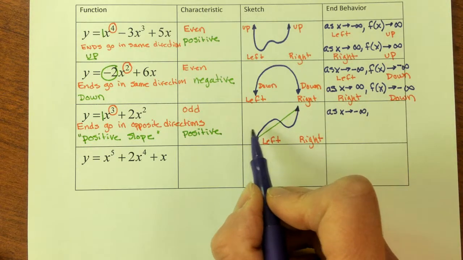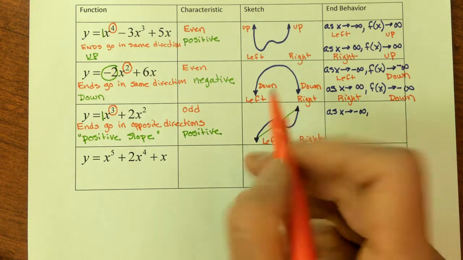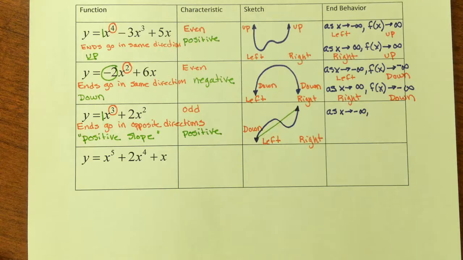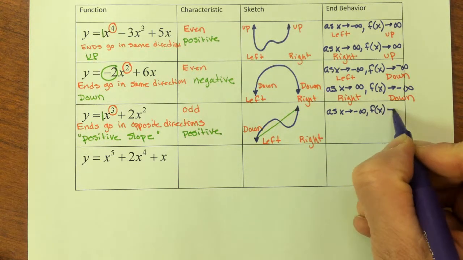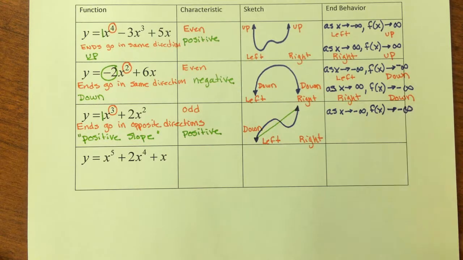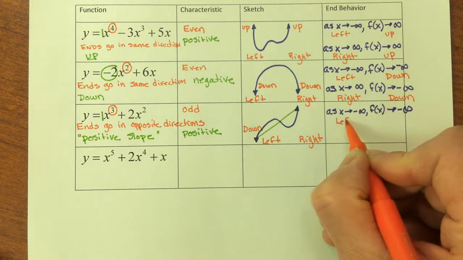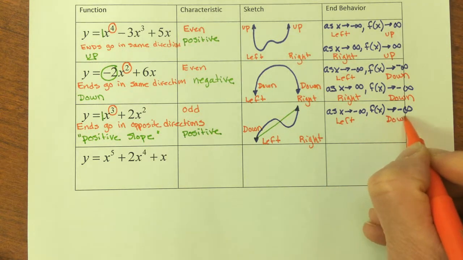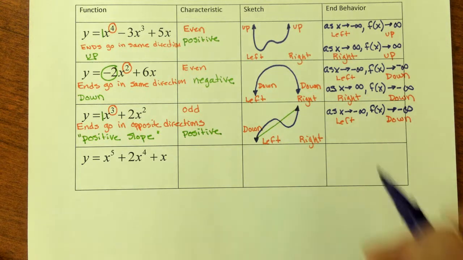So as x is going out this way, where's my function going? My function is going down. So that would be that my function is going down to negative infinity. So here, the left side of the function is going down. That's what that means.